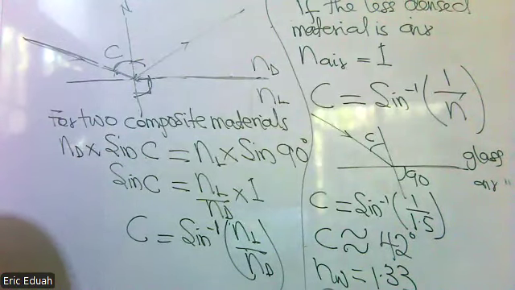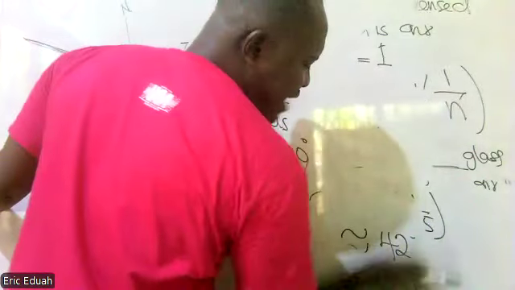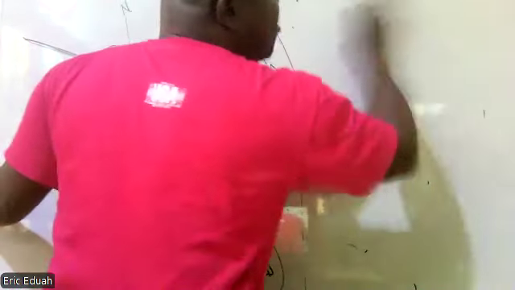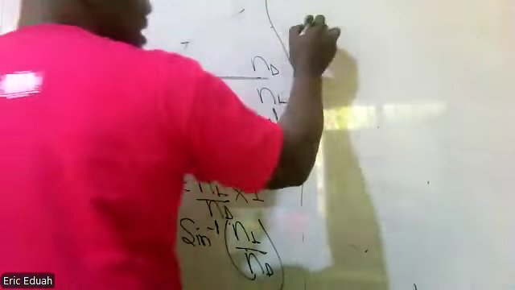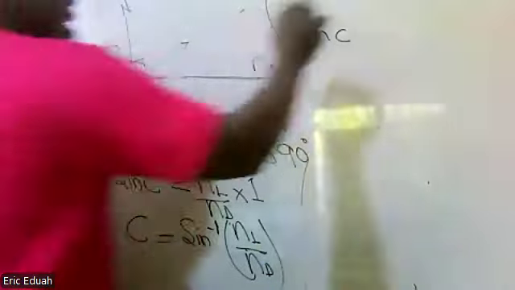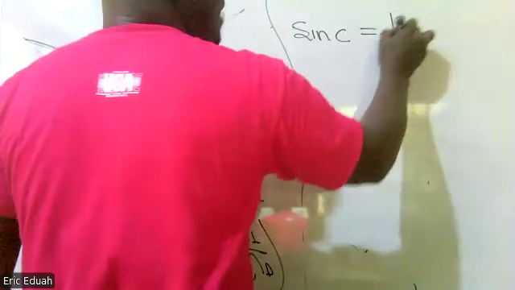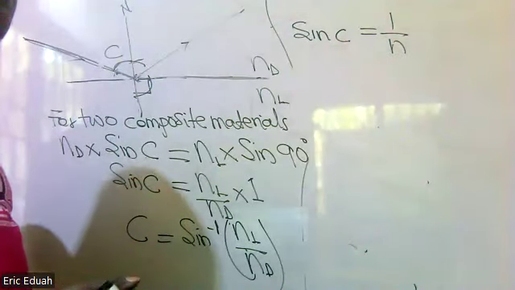internal reflection. So if the material is more dense than air, then note that sine C is equal to 1 over the absolute refractive index of the dense medium.